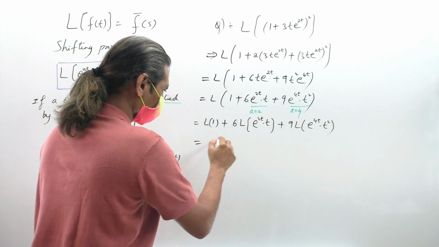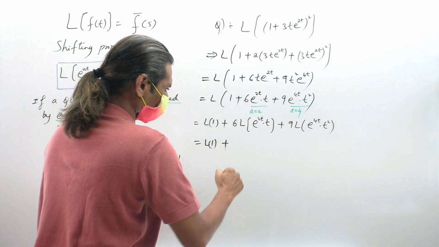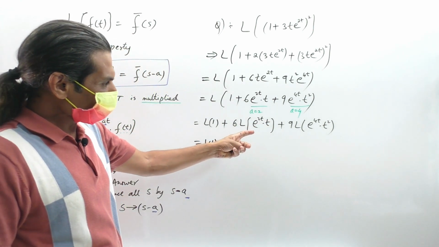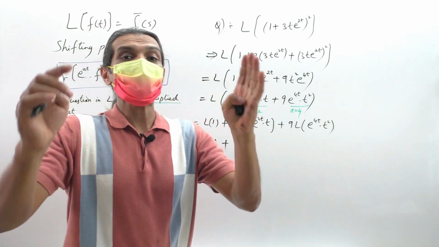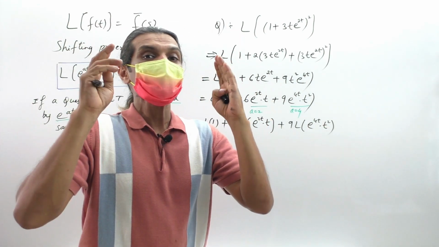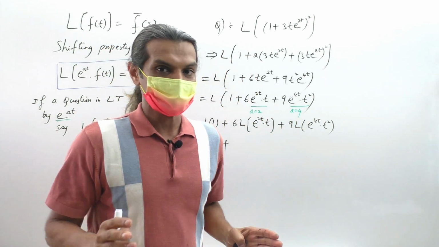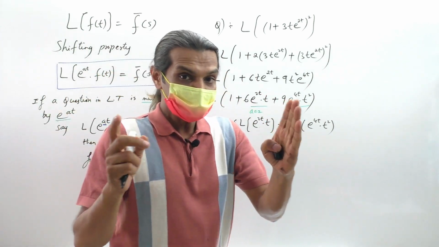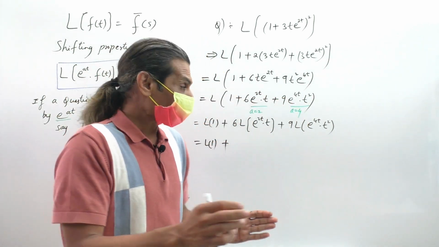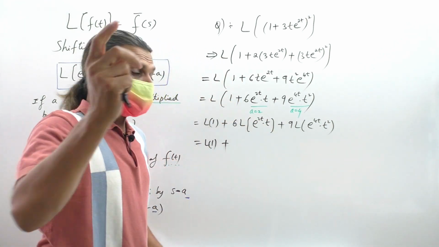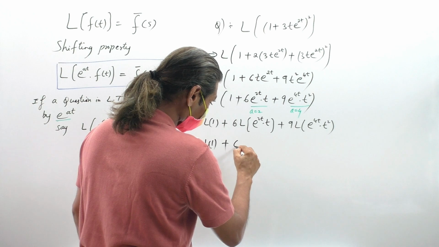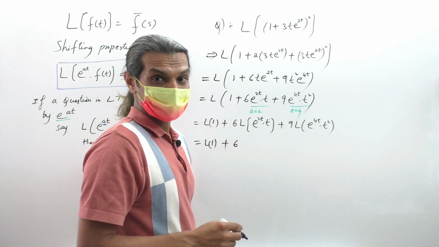I first solve this. Laplace of 1 as it is plus. Now see, e raised to 2t into t. Let's solve directly. Property number 1, that is the shifting property. So what to do? E raised to at into f of t. What is f of t? T. Find the Laplace of f of t. So 6 into, what is Laplace of t?